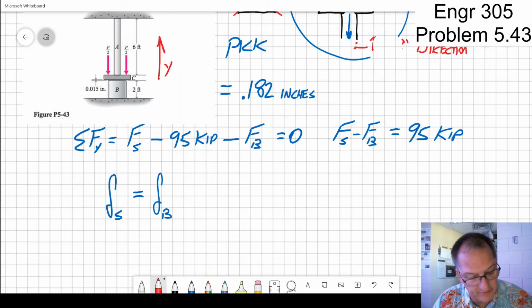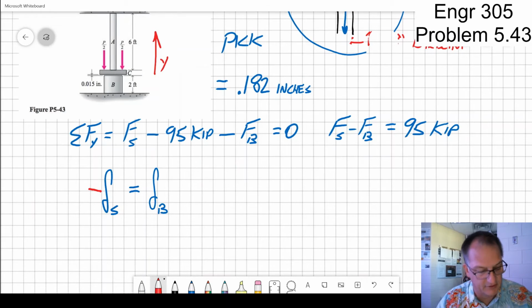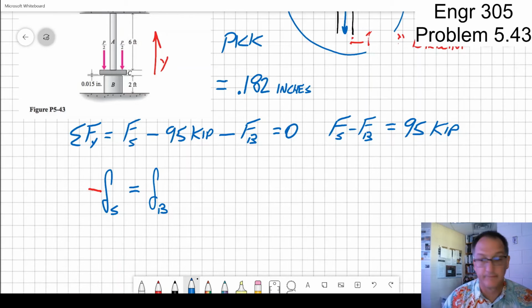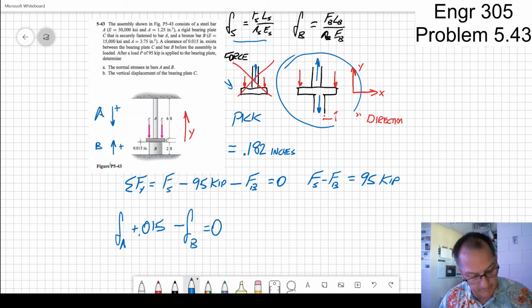So the deflection of the steel downward, so the negative deflection of the steel, go back to blue here, is equal to the deflection of the bronze. Oh, I got it. Hold on one sec. All right, ready? Here's the fun.